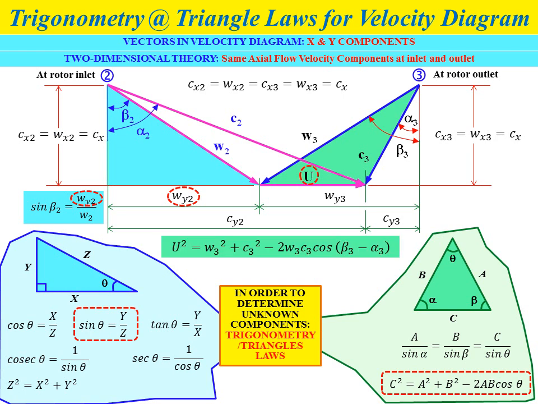Implementing the equation and substituting all the vectors referred to in the velocity diagram, we have U squared equals W3 squared plus C3 squared minus 2 W3 C3 cos of beta 3 minus alpha 3. Because the equation has the term U, we can determine the value of blade speed from it.